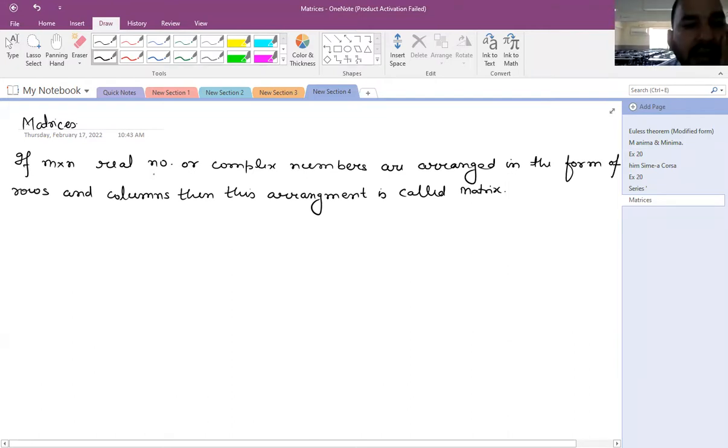If m cross n real numbers or complex numbers are arranged in the form of rows and columns, then this arrangement is called the matrix.